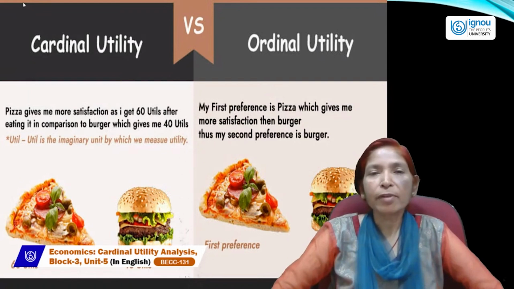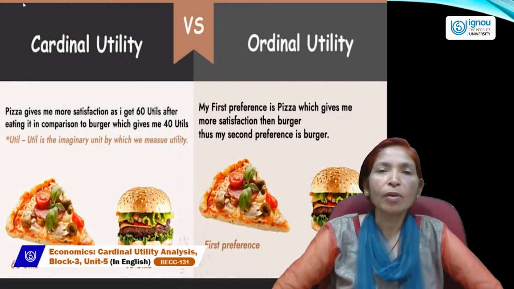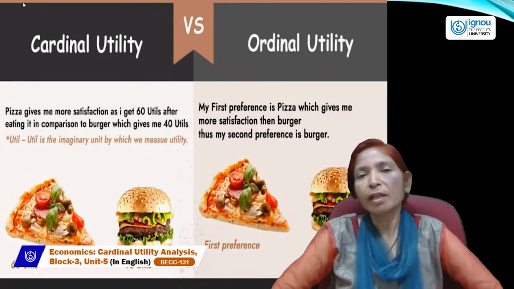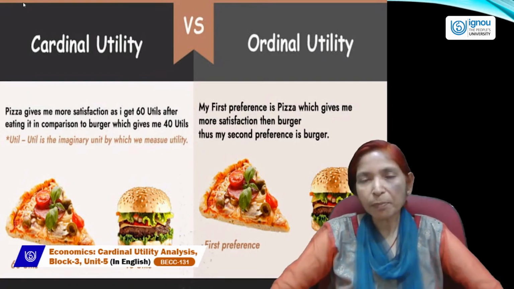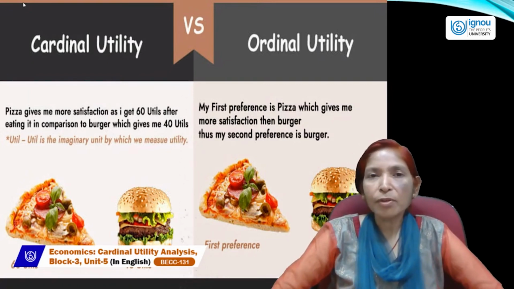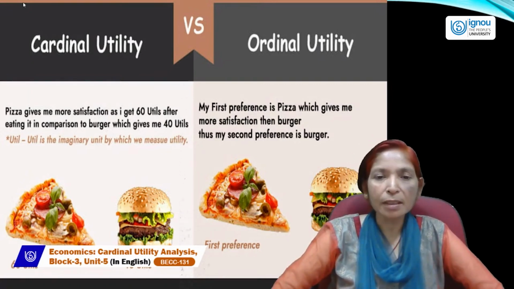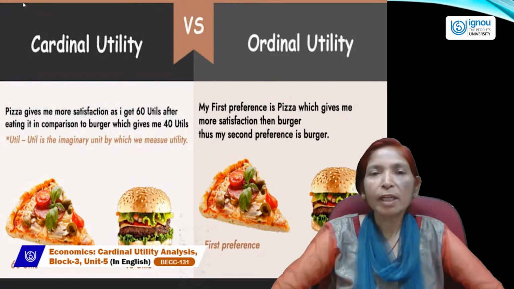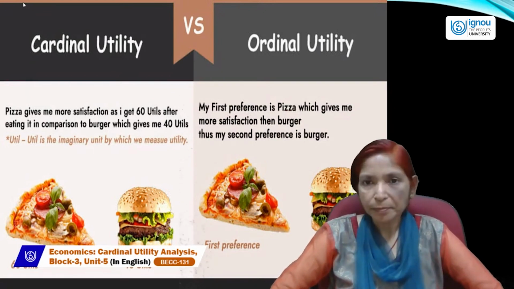Thus, my second preference is burger. It means here we can't measure utility in terms of money or in accurate numbers, we can give only ranks according to our preferences. You will give a higher rank to pizza and a lesser rank to burger.